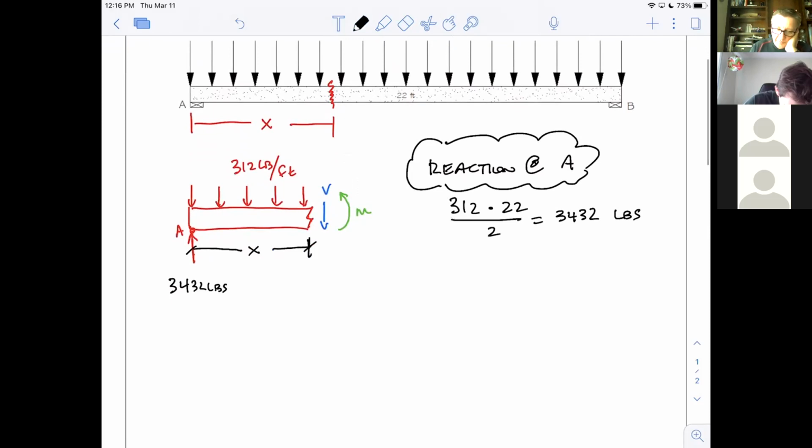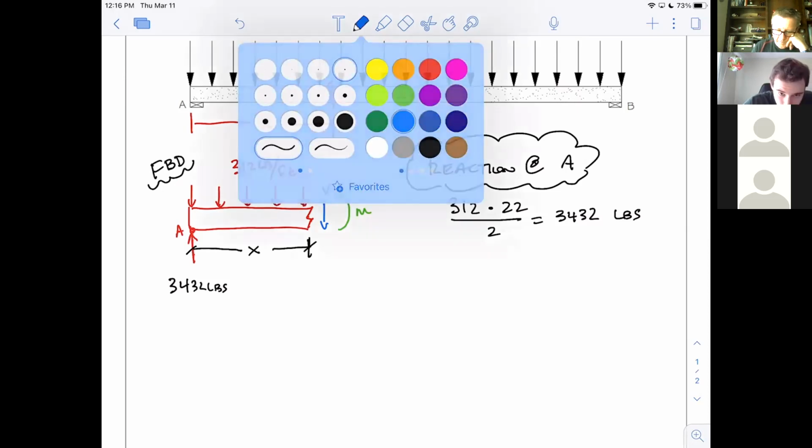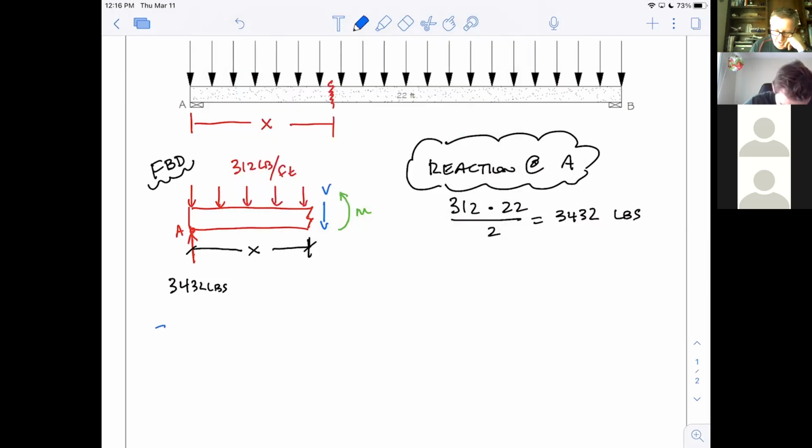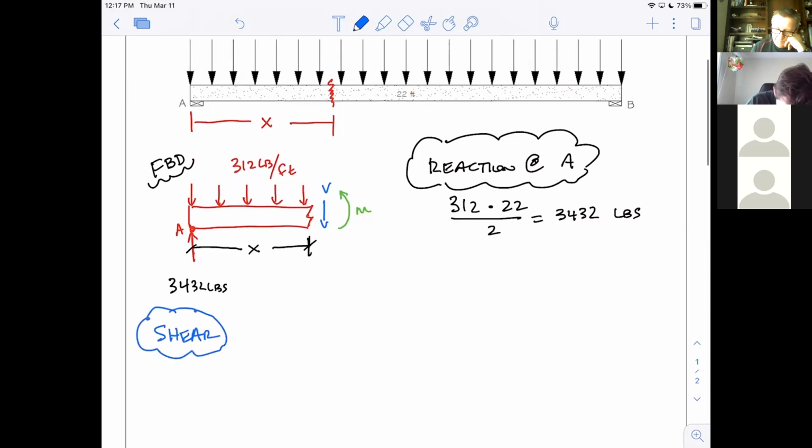So now your free body diagram. Do you see that is so important that we drew the free body diagram? That little chunk of beam is just floating in space right now. It just has arrows pointing at it. So shear. That's our second calculation.